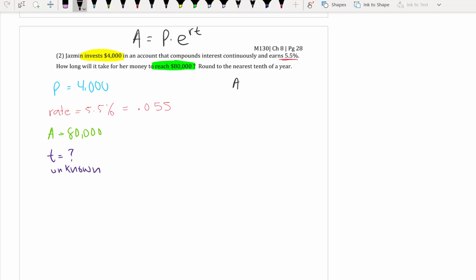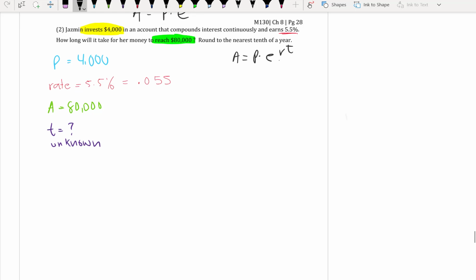So if I have A is equal to P times e to the rt, now I'm going to plug in my variables. For my A amount, I have 80,000. For my principal, I have 4,000. It's being multiplied by e to the r value, that's 0.055, and I have my t, which is unknown.